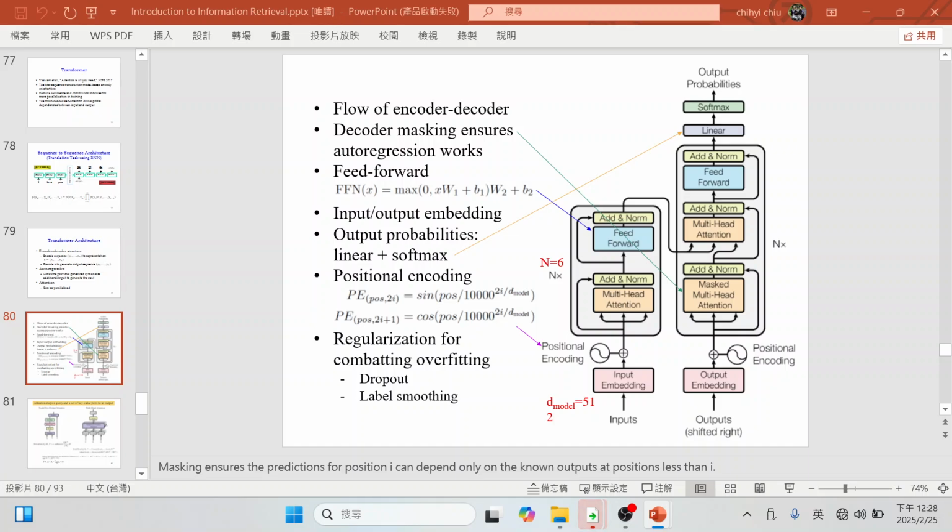And here is another one, called K, the key. This is called the query.